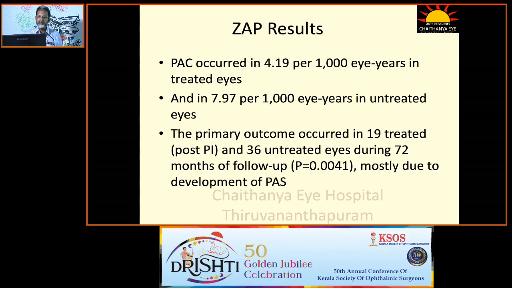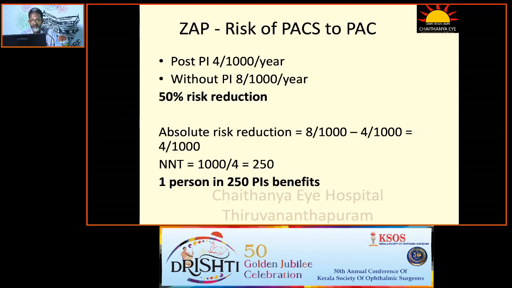They reported 4.19 per 1,000 person-years of PAC, not yet PACG, as opposed to 7.97 per 1,000 person-years in the untreated or non-PI eyes. So the primary outcome occurred in 19 of the treated eyes post-PI and 36 during the 72-month follow-up, mostly by development of PAS and not glaucomatous optic neuropathy.